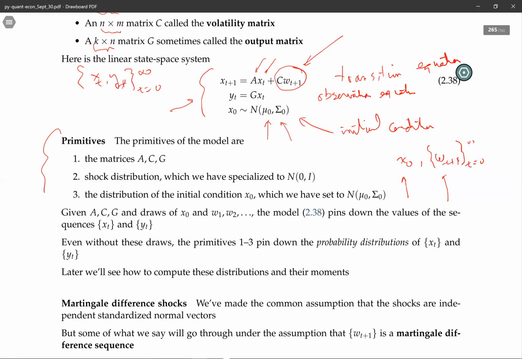In addition, and I'm not going to go into this, since these are random variables, they have means and variances and other moments. What do I mean by that? Every one of these xt's, for any particular t, x sub 100, x sub 300, y sub 220, and so on, has a mean and it has a variance.